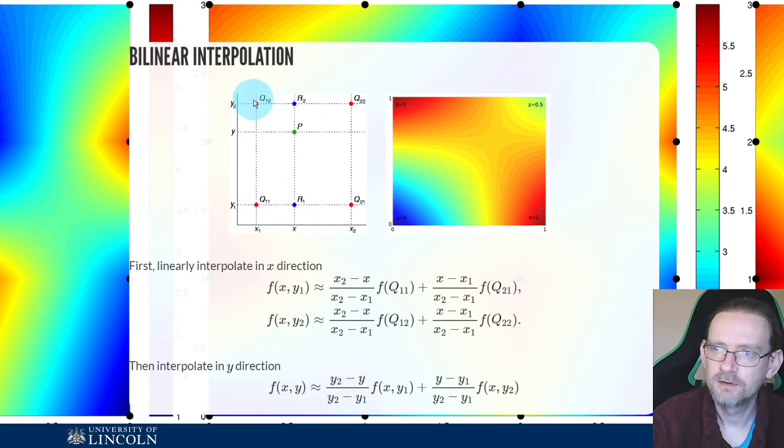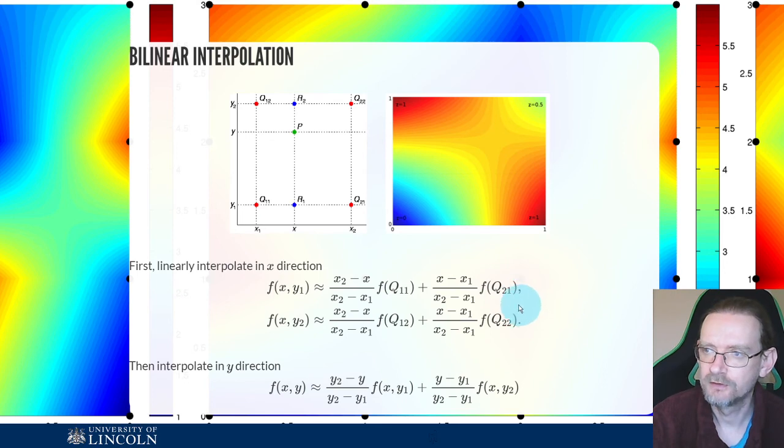We can do a linear interpolation between this point and this point to get R2. So by doing a standard one-dimensional linear interpolation along here, we can get this one and this one. And then we start afresh and we do a 1D interpolation in this direction between these 2 points that we've already interpolated. So we just do 2 rounds of interpolation.